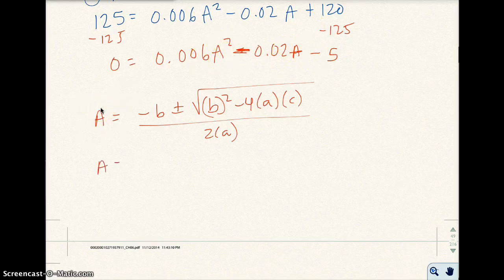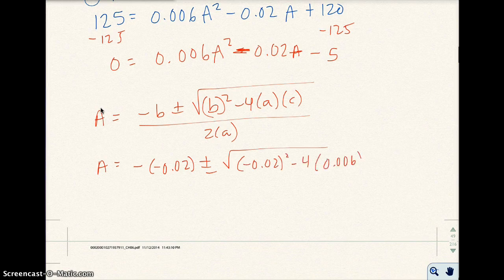So A is going to equal the negative of negative 0.02, plus or minus the square root of negative 0.02 squared minus 4 times a times c, all over 2 times a. I'm going to go ahead and figure out what's under the square root, so I'll clear my calculator out.